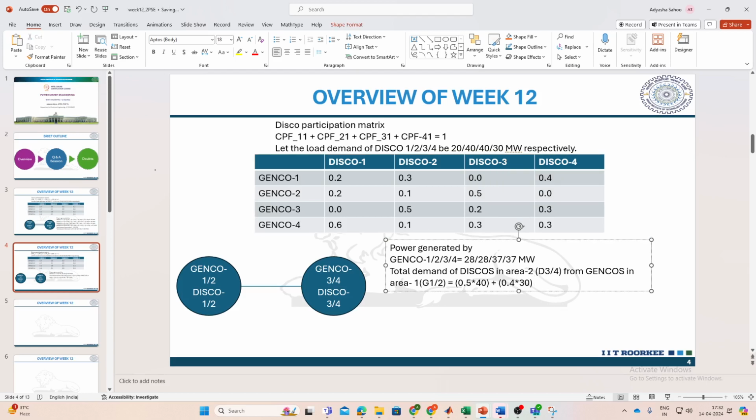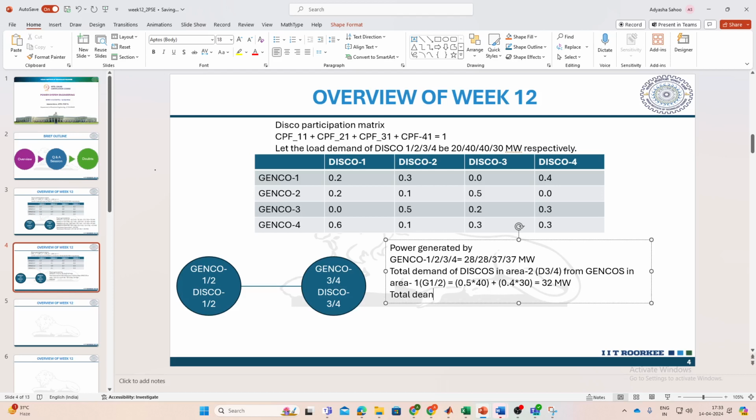So that is 20 plus 12, 32, right? Yeah, so 32 megawatt.